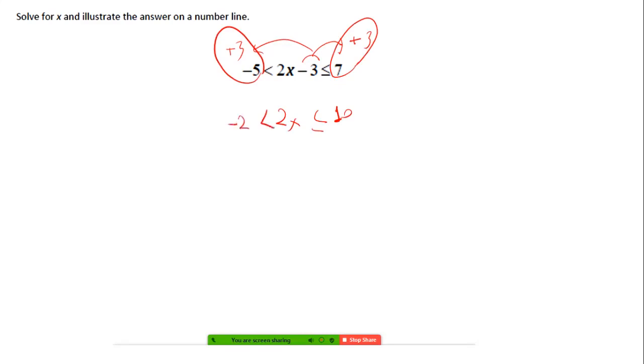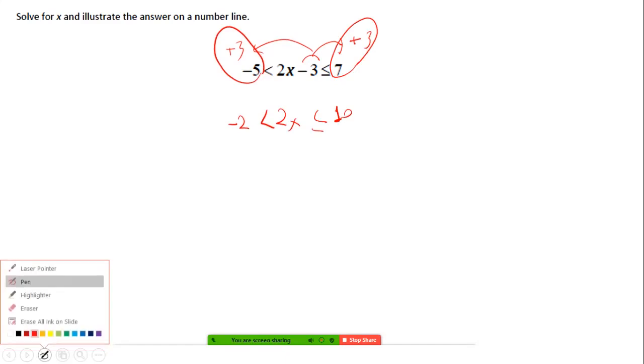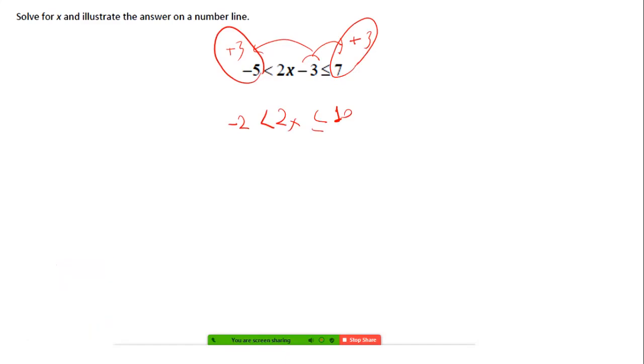And then I see x is still not alone. We are going to send this to this side and this side as division. So there is going to be 5 and x alone now, and here is going to be negative 1.